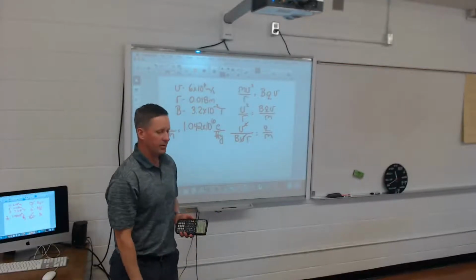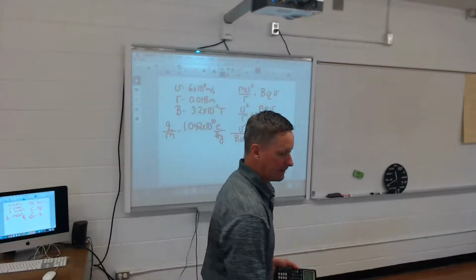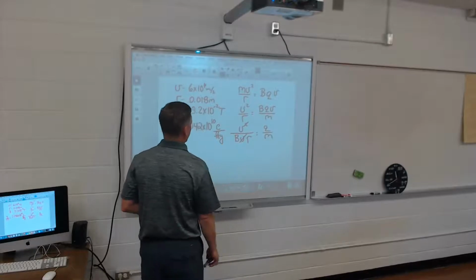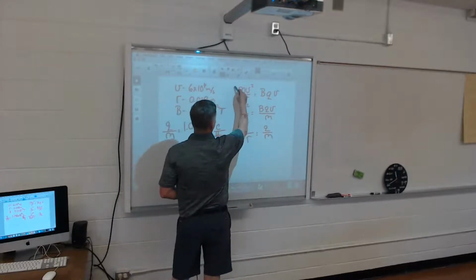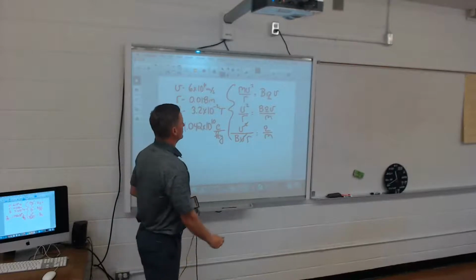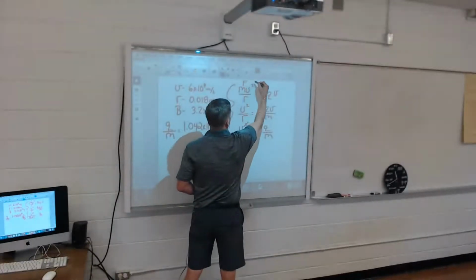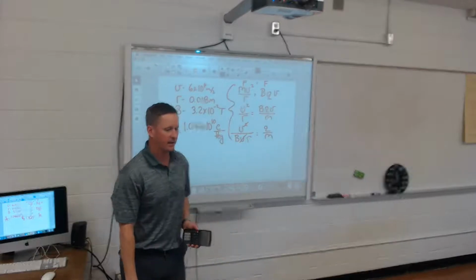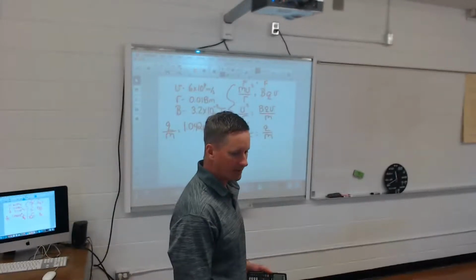So coulombs per kilogram. Okay, so the part that is significant is in here, is working with centripetal force versus the maximum force in a magnetic field, and letting those forces equal each other.